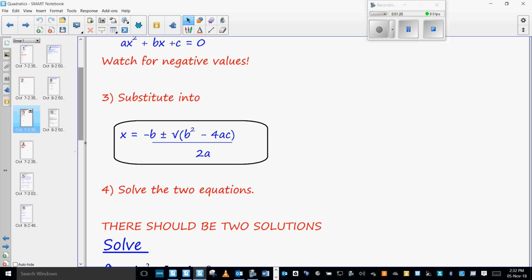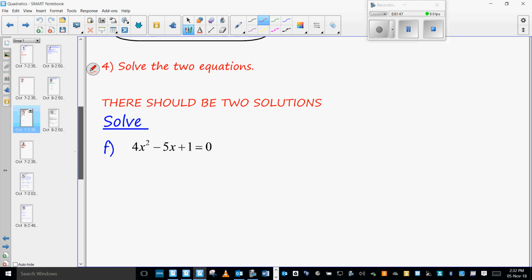If it was negative 4, it's still going to be positive 16 here. If you don't remember that and you plug it into your calculator without using brackets, you're going to come up with an issue. So be really careful when plugging these into your calculator that you use brackets, especially if the value of b is negative.